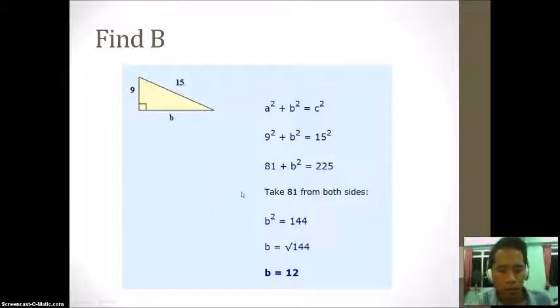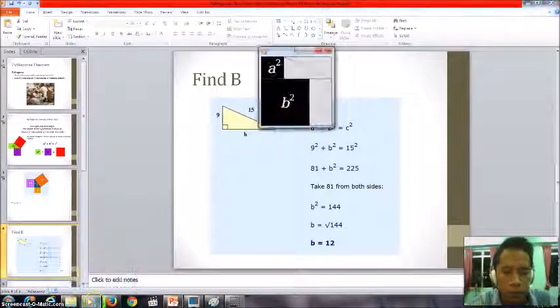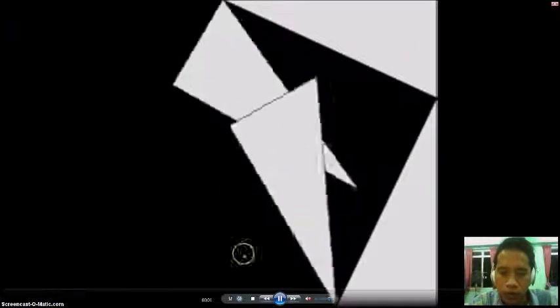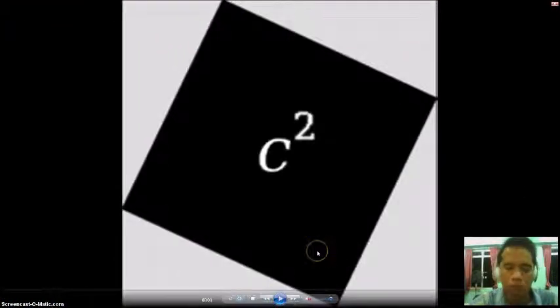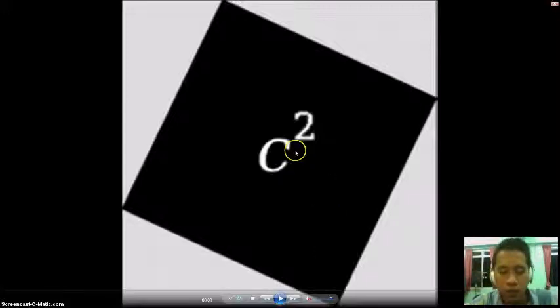Before that, this can be further improved. Now let me show you this video. So in this video, okay, here it shows that there is a square in a square, the big white square. Okay, so in the picture here we can see that there are 4 identical right angle triangles.